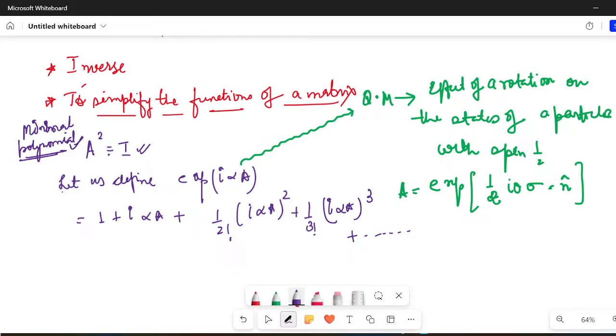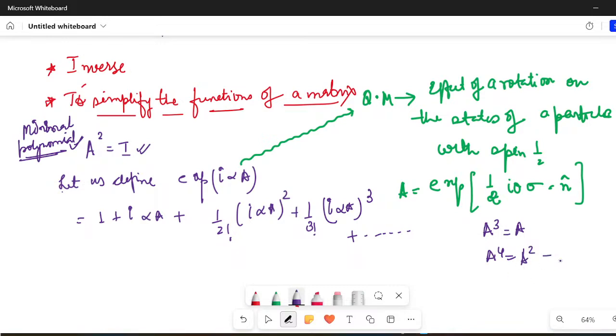If the minimal polynomial is given as A square equal to I, I can multiply both sides with A. If I multiply both sides with A, I'll get A cube is equal to A. Again, if I multiply, then I'll get A raised to power 4 is equal to A square. And what is A square?